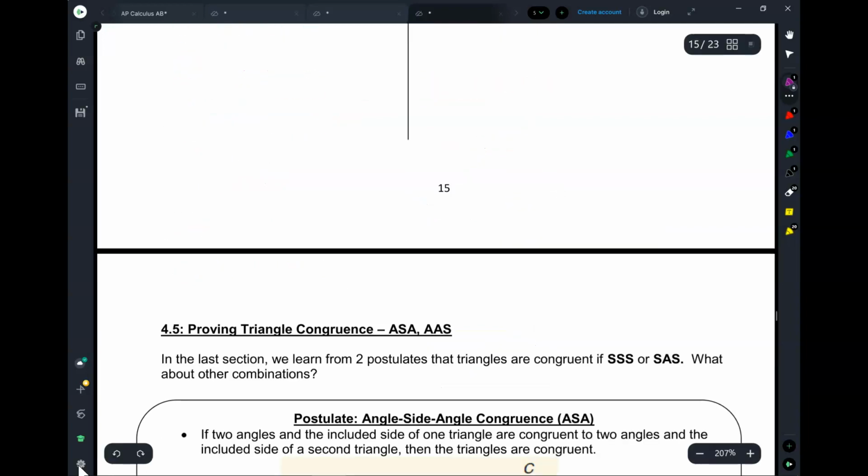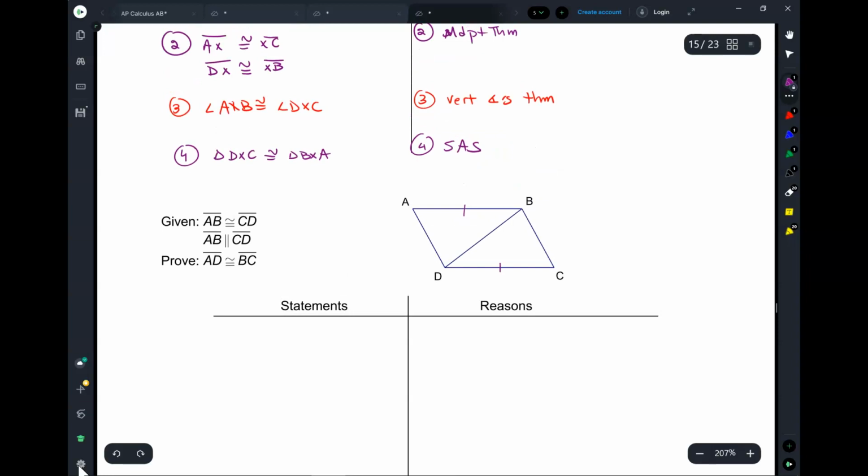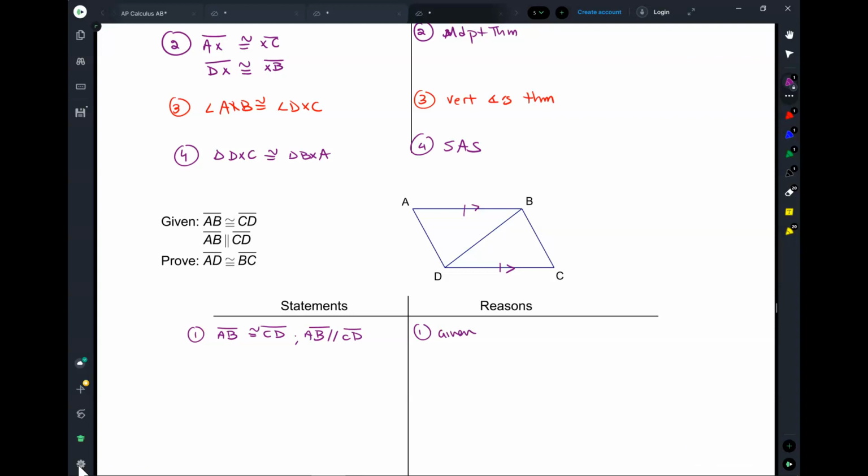All right. Last but not least. AB congruent to CD and parallel. Okay, so let's write that as the given. All right, so let's get a little strategy going here.